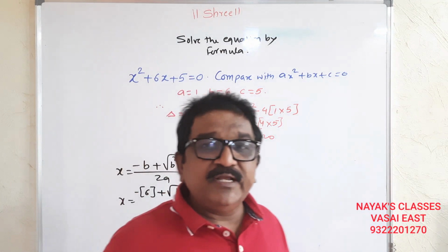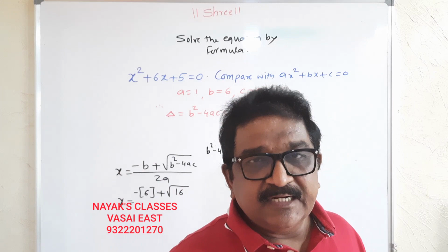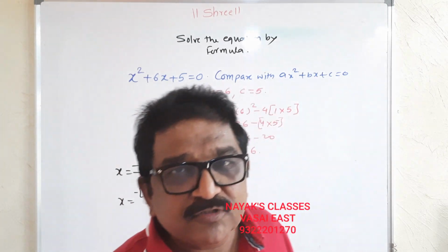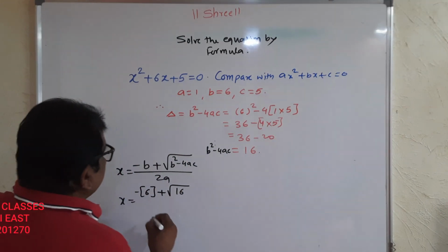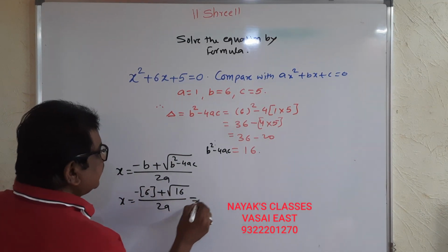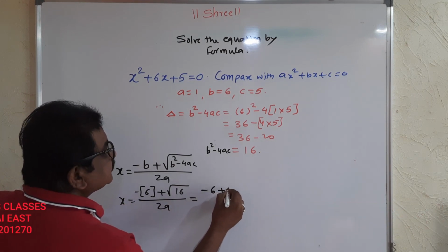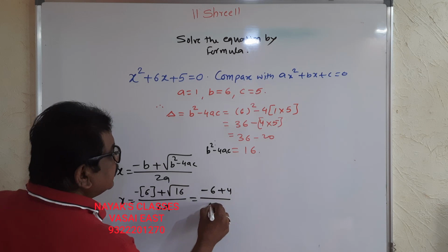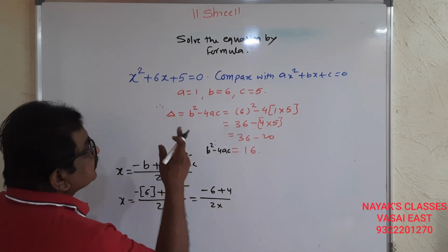So we have put that value of the discriminant in the root sign, upon 2a is equal to minus 6 plus 4 upon 2 into 1, a is 1.